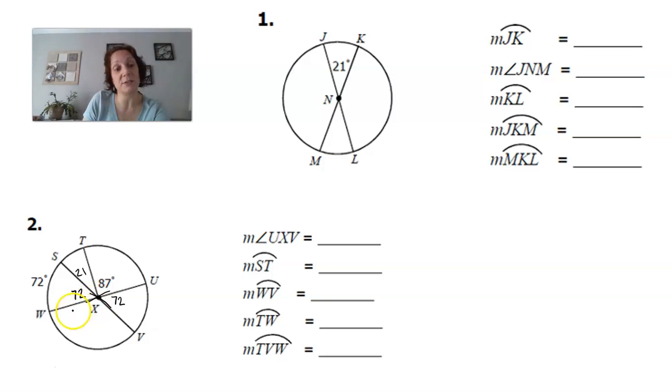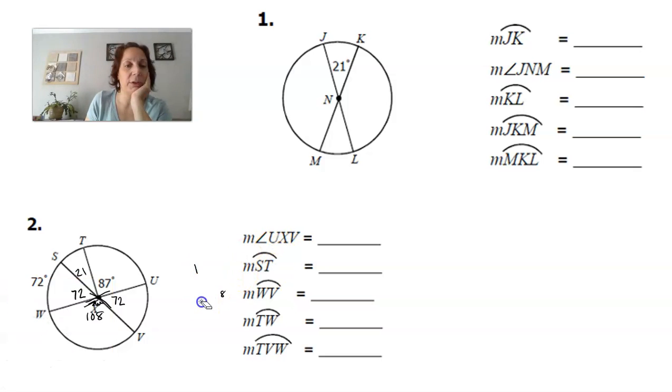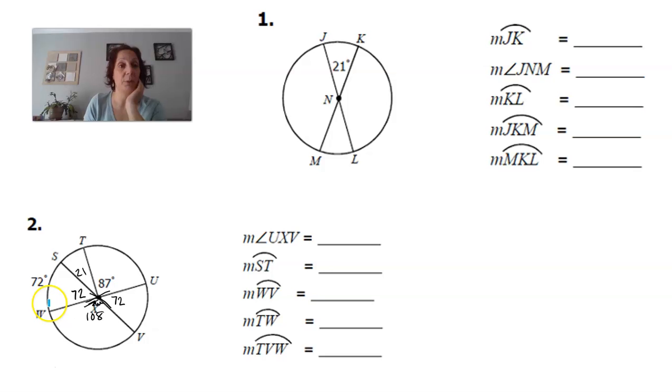Another way you could do it is to notice that this angle here makes a straight line with the 72, so it has to be 180 minus 72. So 108. Once you have all the central angles, the rest of these questions are going to be really easy to answer because all we have to do is figure out which arcs we need to add together. All those central angle arcs are going to be the same as the angles.